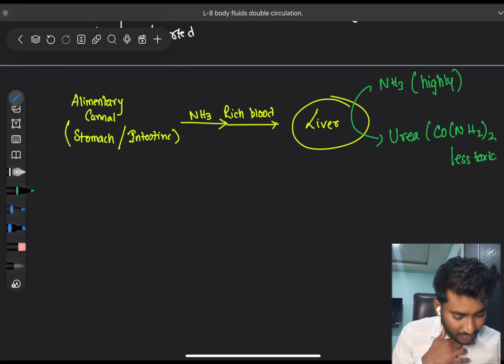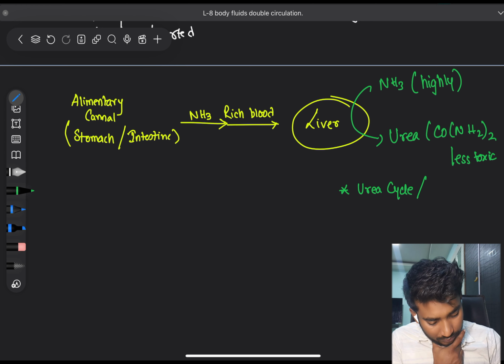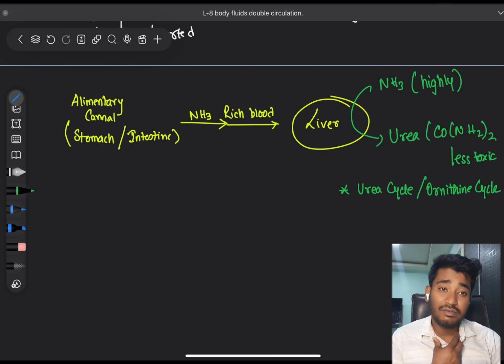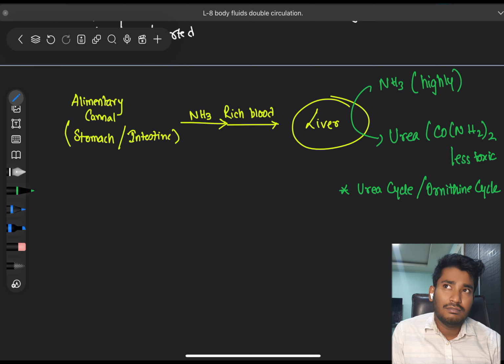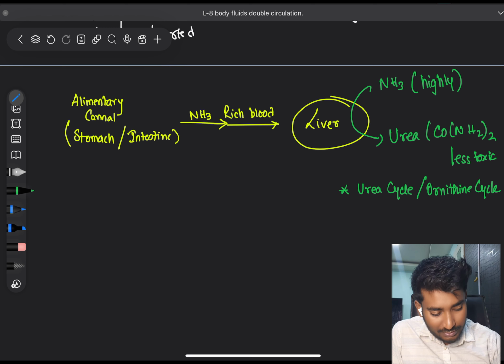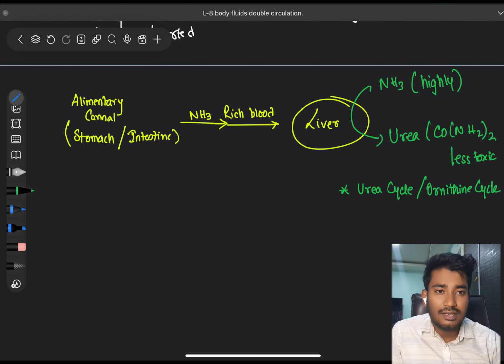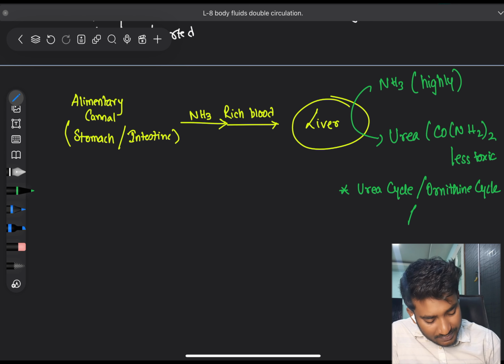This urea cycle is also called the ornithine cycle. In my first year, it came as a 10 marks short note, and in my professional exam this ornithine cycle short note also came. In the ornithine cycle, there is the Krebs cycle.